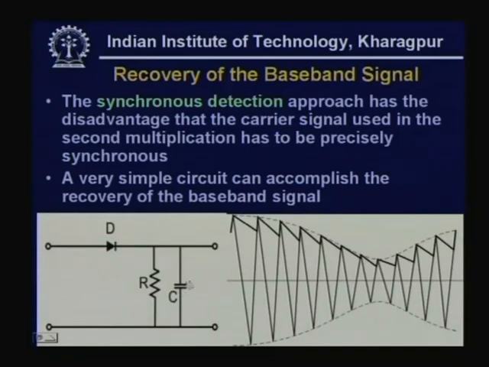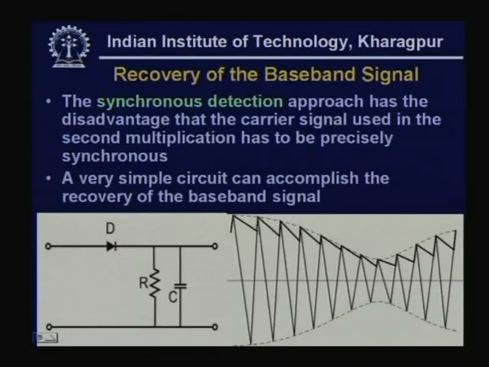As you can see here, the values of R and C can be chosen in such a way that it will follow the envelope of the carrier. That means you will get this particular curve, which is essentially the baseband signal.